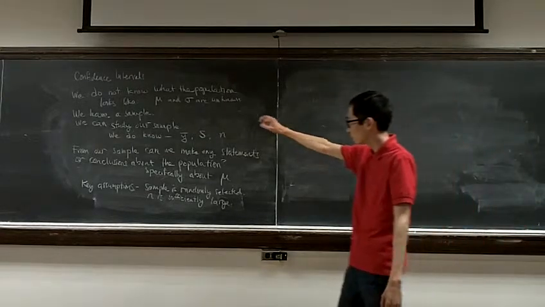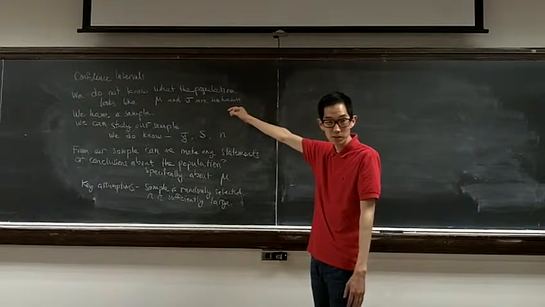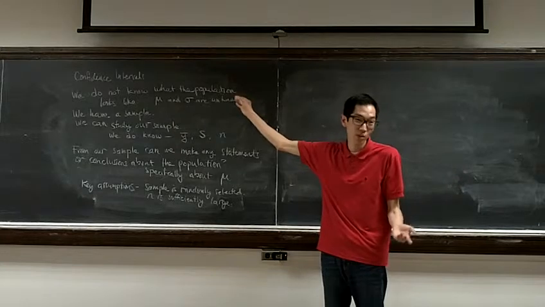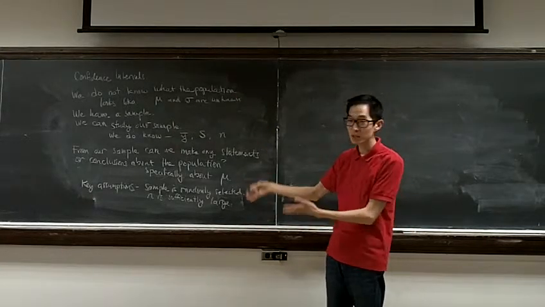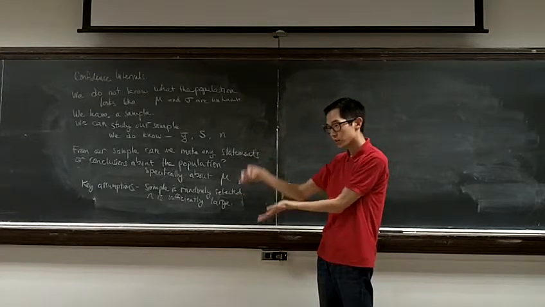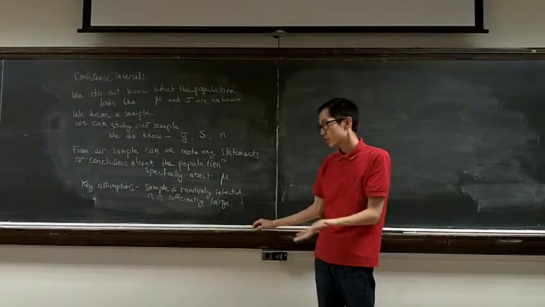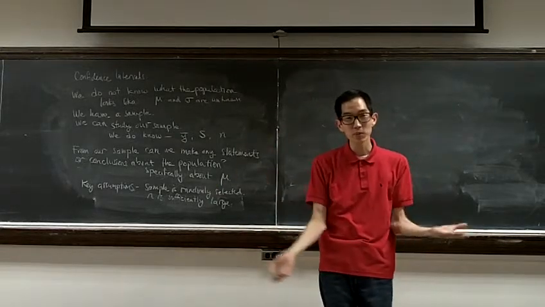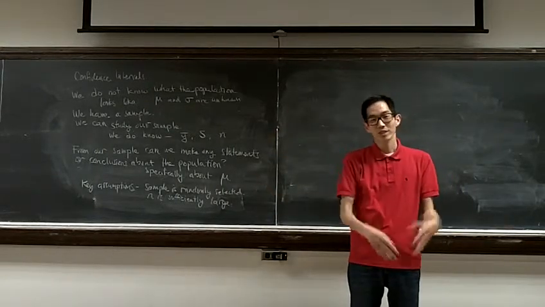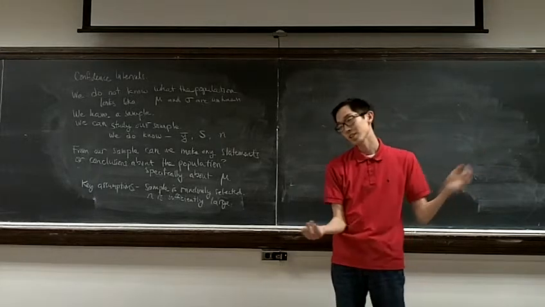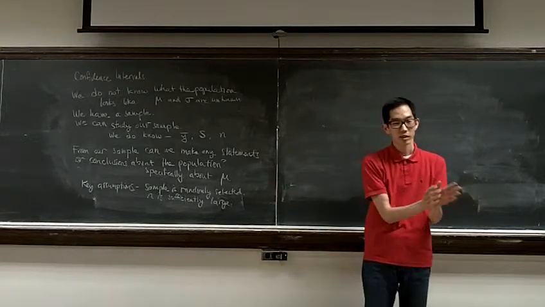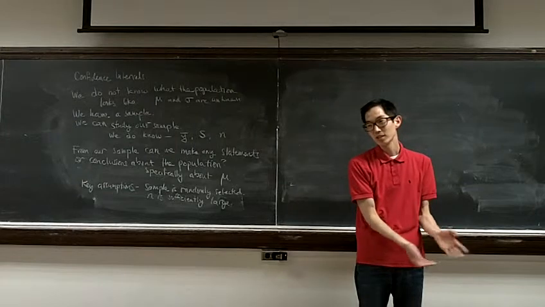So the properties of the population are unknown to us. In the stuff we did earlier today, we pretended like we knew what the population looks like, but in reality we don't. So if that's unknown, but we have a sample that we can see, what does this tell us about the population? Just imagine you've selected 10 random people. You have no idea what the mean IQ score is, but you get the IQ scores of these 10 people, and the average turns out to be 96.4.